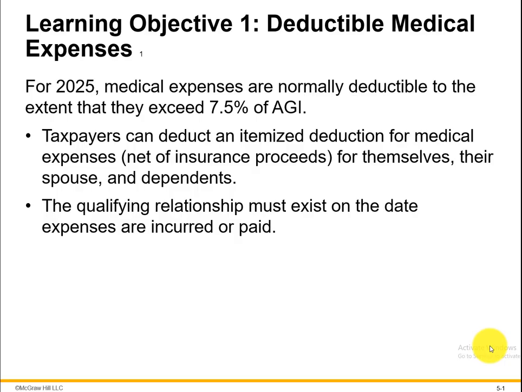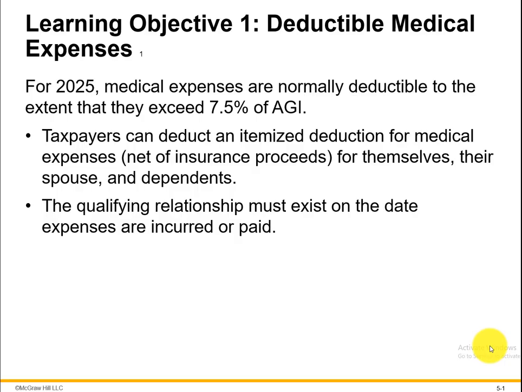But let's get into the restrictions specifically on medical expenses. We're talking about medical expenses, dental expenses, eye exams, really anything to do with that. And here's the first floor that we've come across in the tax law. Medical expenses are deductible only to the extent they exceed 7.5% of AGI. What does that mean?